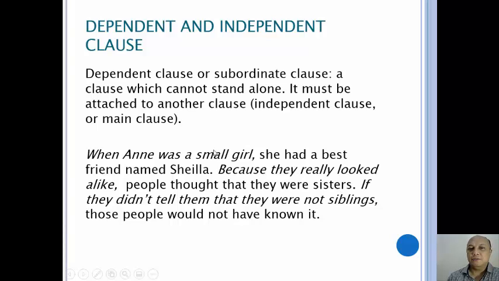So now you have several characteristics of a dependent clause. One is that it cannot stand alone. It must be attached to an independent clause, and it is preceded with a conjunction, when, because, if, which we call subordinators.